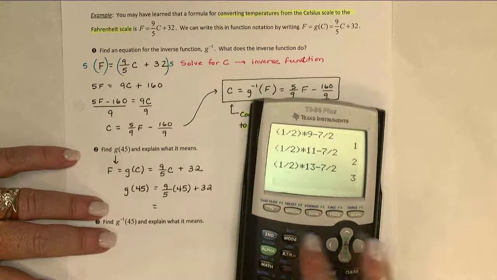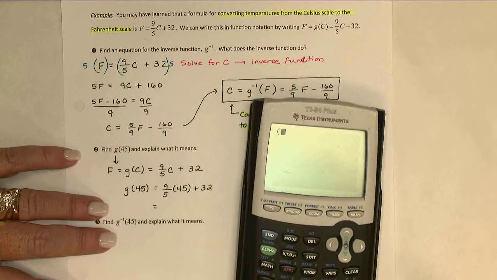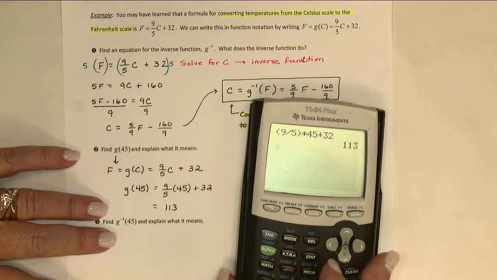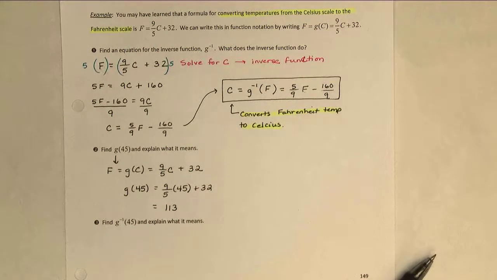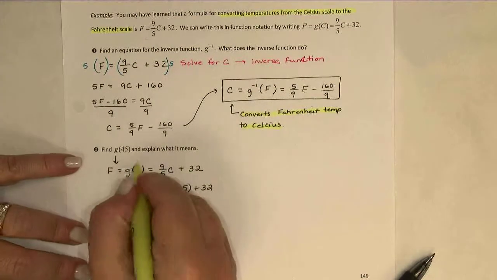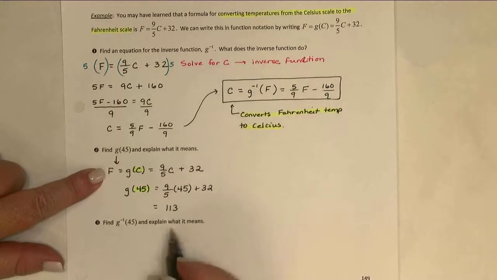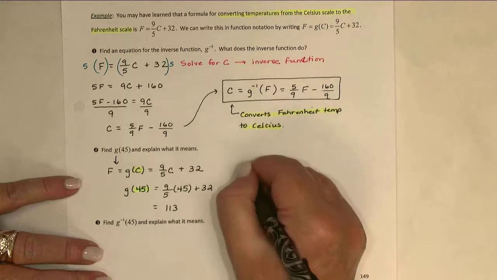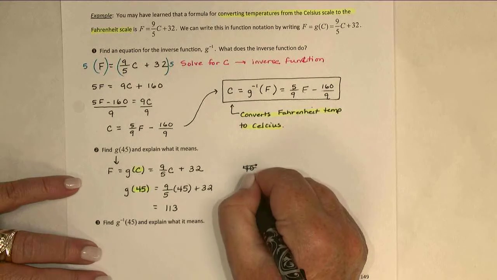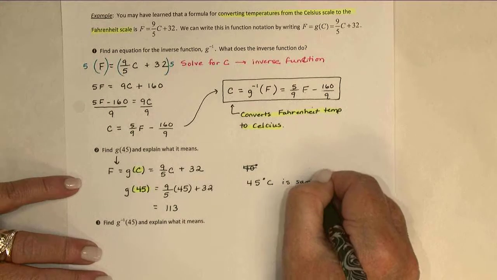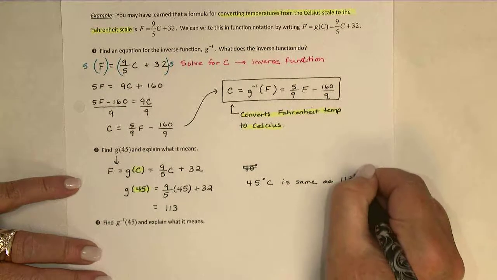And let's see here. I end up with 113. So again, c was 45. What I calculated was f, which was 113. So what this means is that 45 degrees Celsius is the same as 113 degrees Fahrenheit.